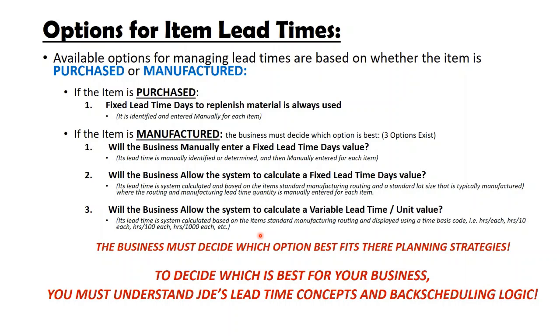An example of time basis code would be hours per each, or would we display our time hours by 10 eaches or hours by 100 eaches, so on and so forth. For example, hours per 1,000 each.